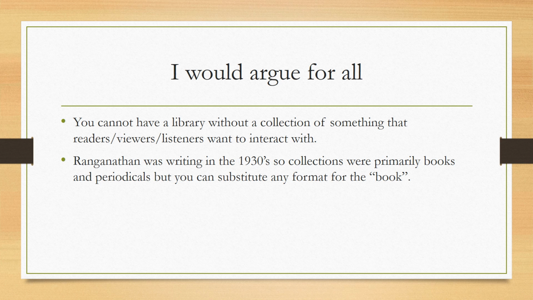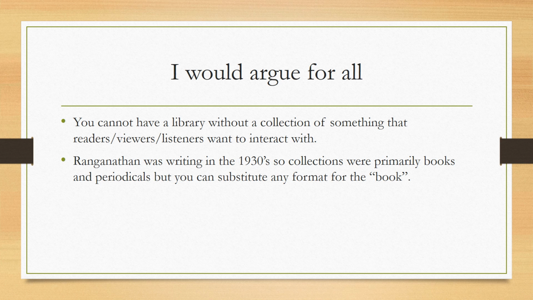Ranganathan was writing in the 1930s, and collections were primarily about books, although libraries always had other objects. Even in the 1930s, lots of libraries had record collections, and they had sheet music collections, and you could go on and on.